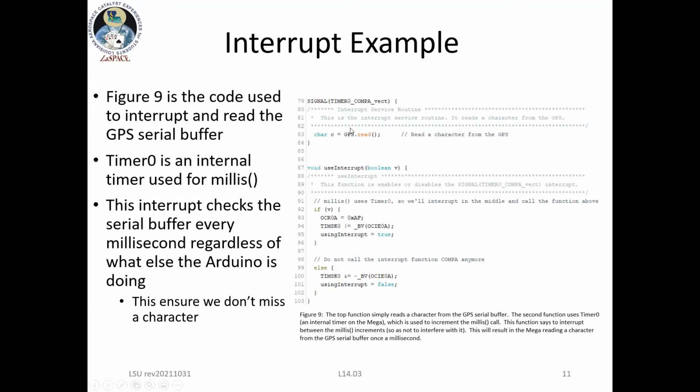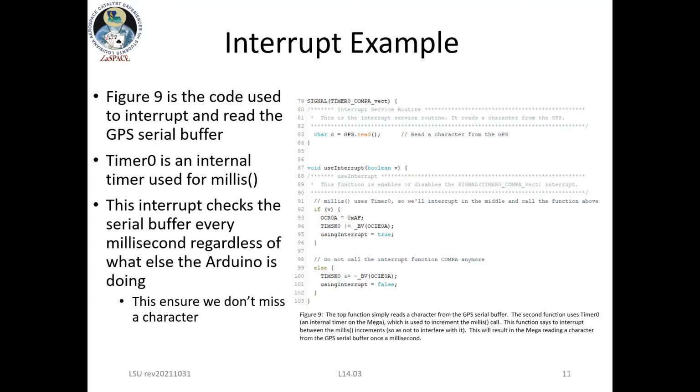So every millisecond, I will try to read a character, which is fast enough because I have 64 characters and I'm only sending like 30 or so characters once every second. This means I'll be able to read in all of my characters regardless of what else is going on in my program, because my program will pause, go read a character and then return back to what it's doing.